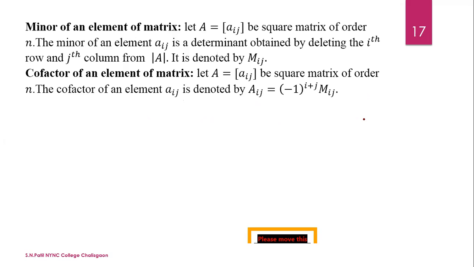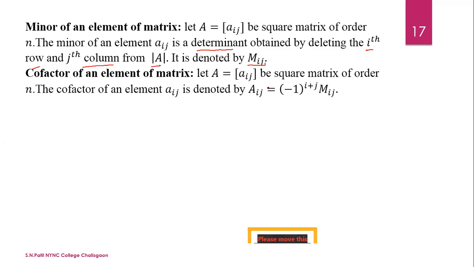Now next, minor. We have actually discussed the minor. Minor of an element of a matrix is a determinant obtained by deleting the ith row and jth column from the determinant. It is denoted by Mij.